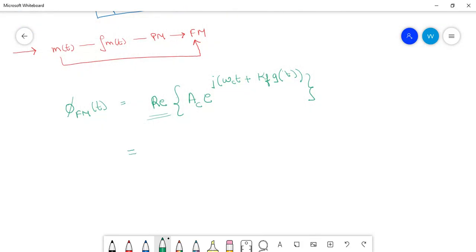This thing basically becomes the real part of Ac e to the power j omega_c t into e to the power j kf times g(t).